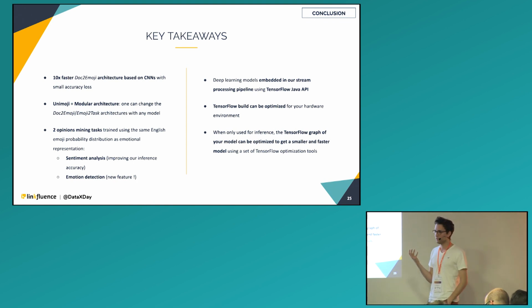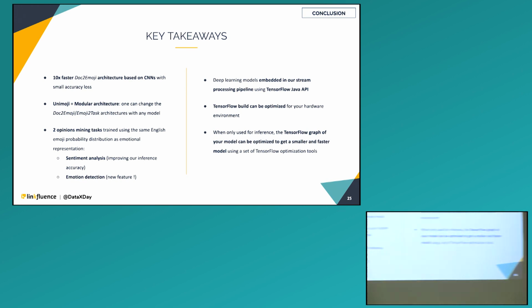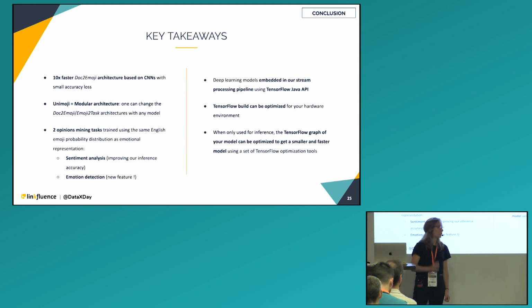And thanks to this idea, we developed a new feature, the emotion detection, almost for free. And from the technical part, this was the first deep learning model we put in production in our natural language processing pipeline on the JVM.